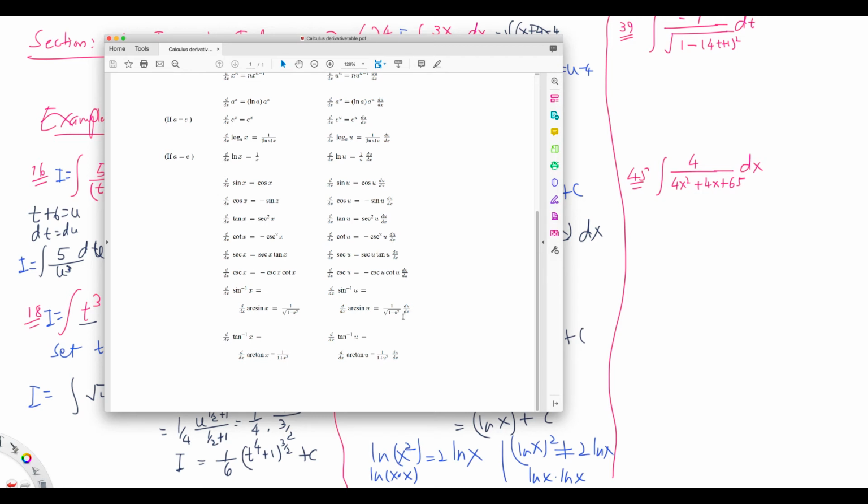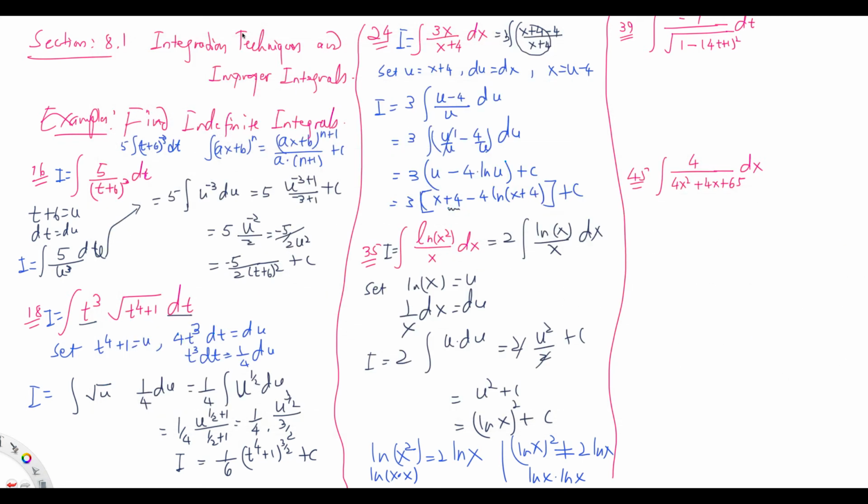Similarly for cosine it will be minus, right? So let me write down the formula first. If you have 1 over root of 1 minus u squared times u prime dx or dt, whatever, then the integral of that is, if there is minus, cosine inverse, if there is plus, sine inverse, cosine inverse u plus c.